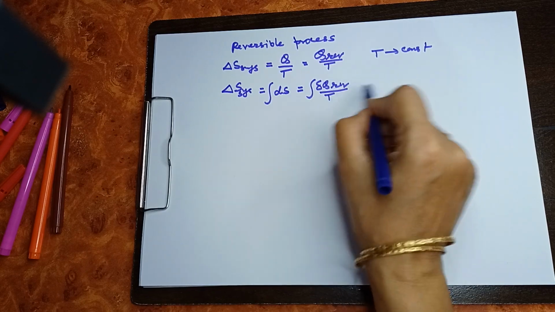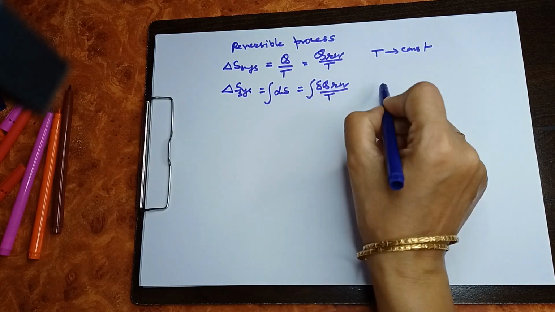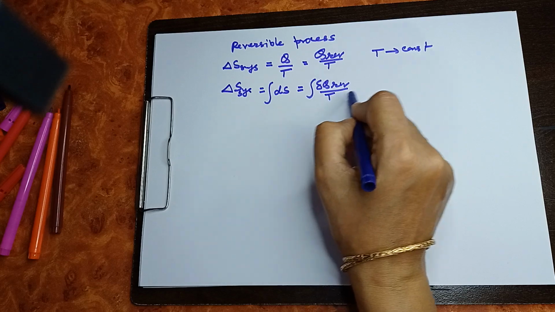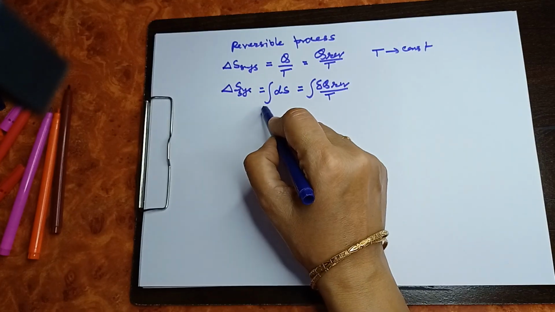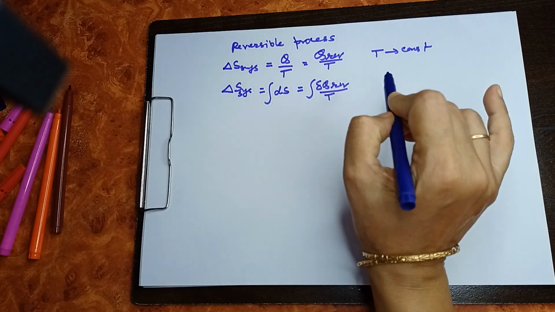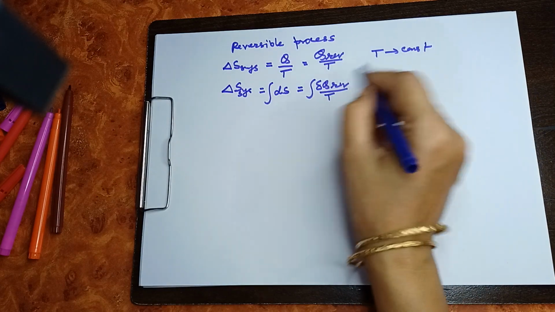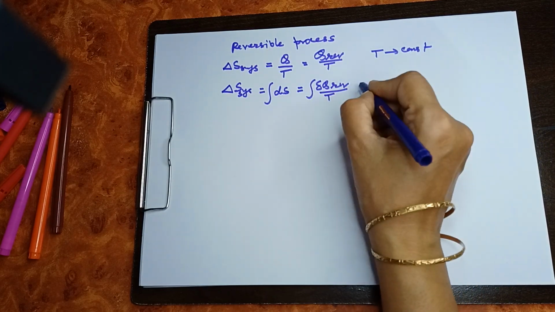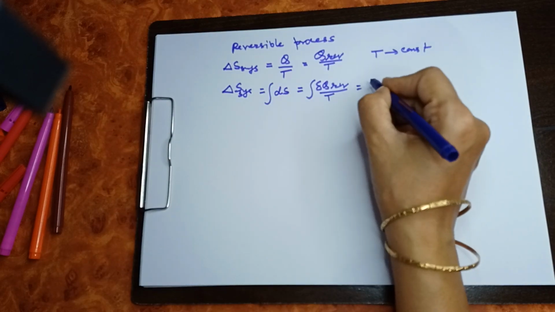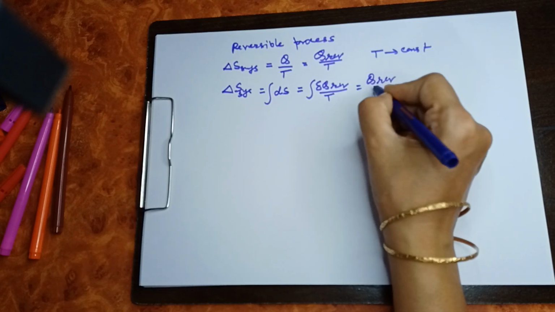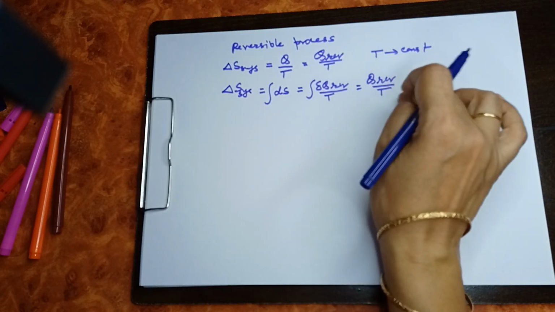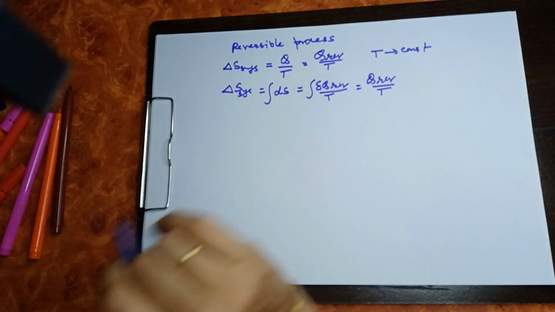So whether the temperature is constant or not, we can use this equation: integration of dS is equal to integration of del Q reversible by T, and overall Q reversible by T when the temperature is constant.